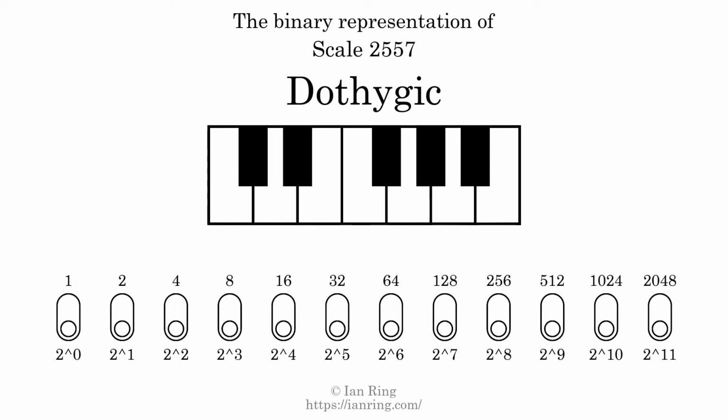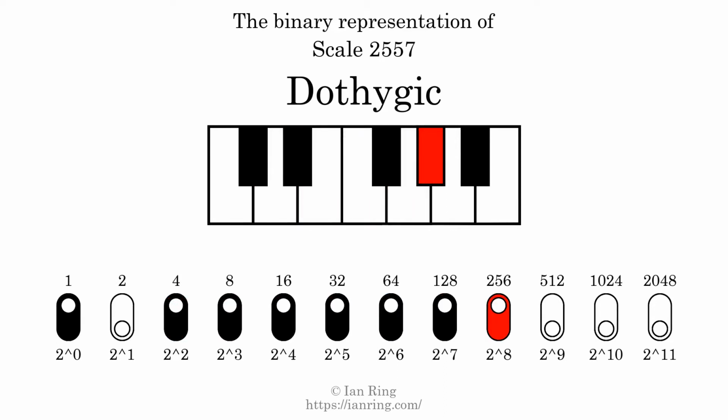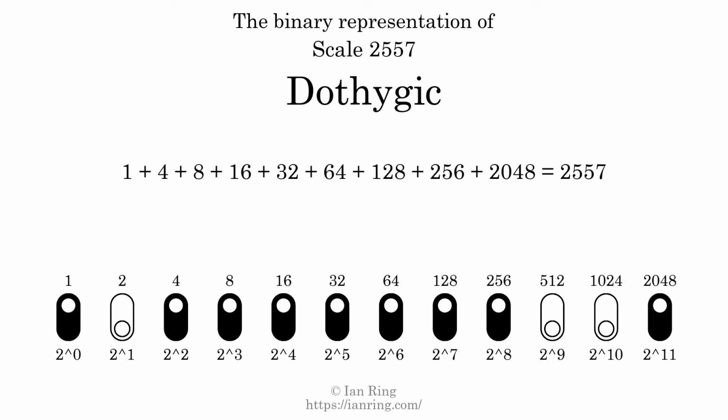The binary representation of this scale is determined by mapping tones of the scale to binary digits. Each binary digit represents a power of 2. To get the scale number, we add the powers of 2 together. The powers of 2 that are present in the scale, all added together, equals 2557.